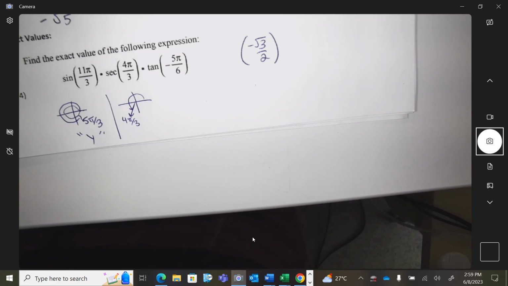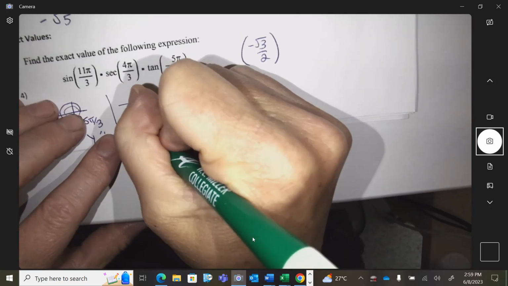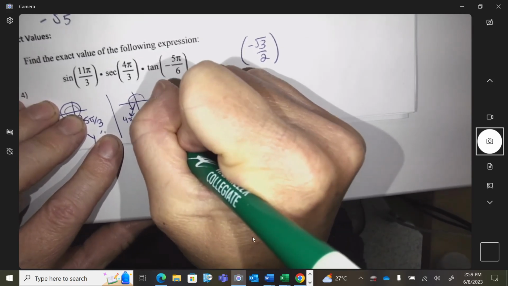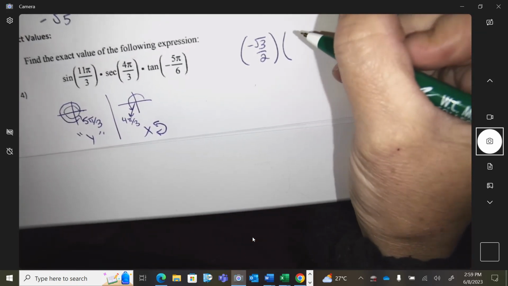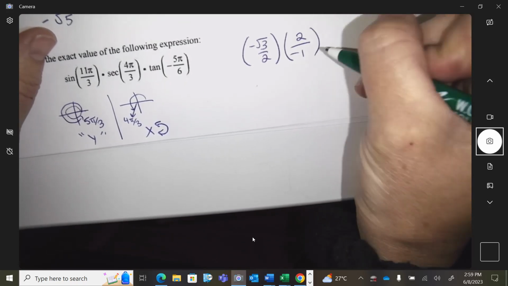I don't care about the R's right now because they're 1. But I don't write x. What do I do with x? Flip it. I take x and flip it, because secant is the flip of the cos, remember? So look and flip.